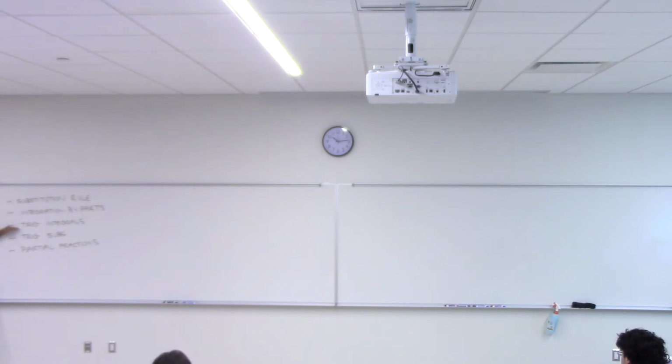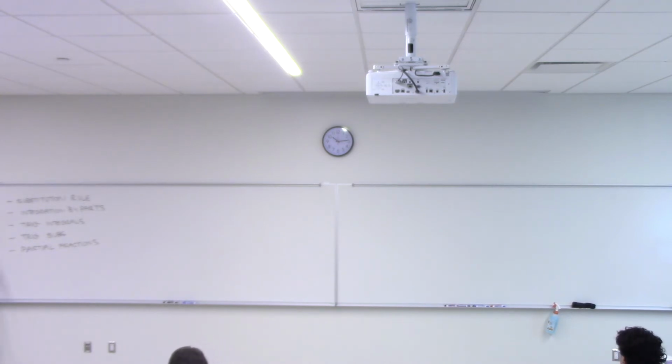To do trig integrals, you've got to be good at these two. To do trig sub, you've got to be good at all of these. And then to do partial fractions, you know what I mean? You're not going to be able to go up to the next level unless you feel real good about the previous level. So you can't have any holes in this stuff, all right?